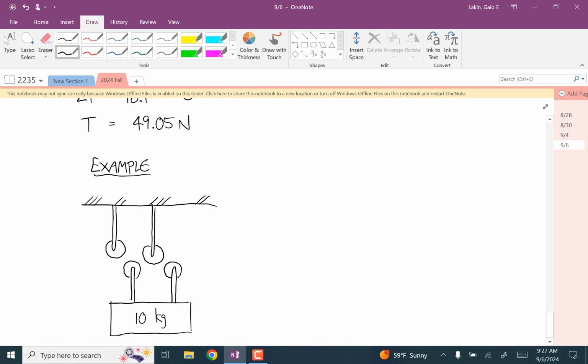So this time we have the single cable that goes all the way through this system. And we want to know what's T for static equilibrium.